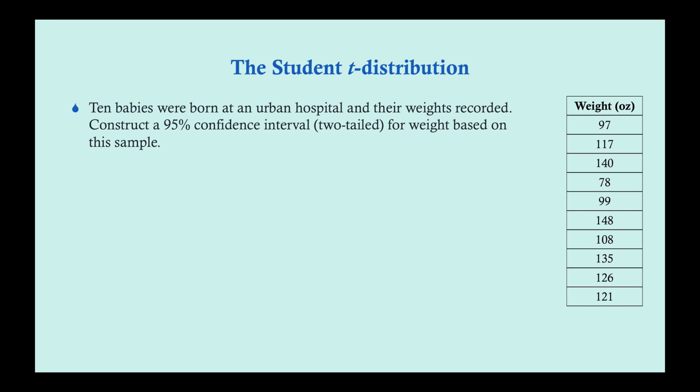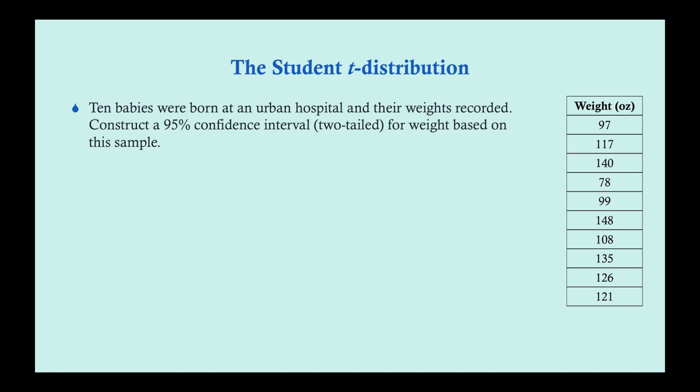So let's try an example here, and we'll leave it at this then. So 10 babies were born in an urban hospital and their weights were recorded. Construct a 95% confidence interval, two-tailed, for weights based on this sample. And this is just a hint that the confidence interval will be two-tailed. So you can do this by hand.